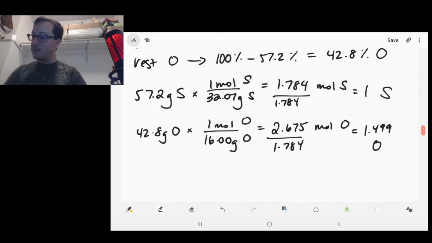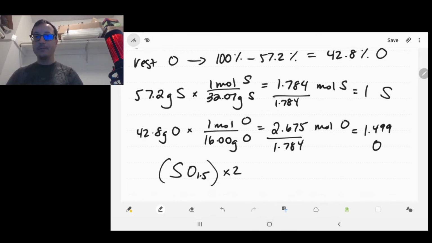So we have essentially here a ratio of 1 sulfur to 1.5 oxygens. If we want to get rid of that 0.5, we can just multiply all this stuff by 2. And if we do that, we'll say, oh, it's a 2 to 3 ratio. 1 to 1.5 is the same as 2 to 3.